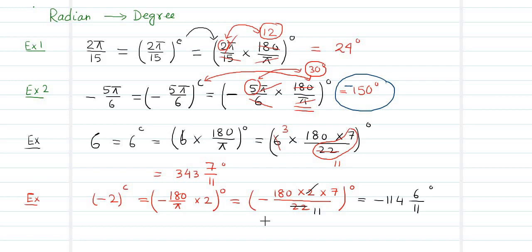Our next concept is from degree to radian. Angles given in degree measure, we need to convert into radian. Suppose 340 degree. How to convert it into radian?